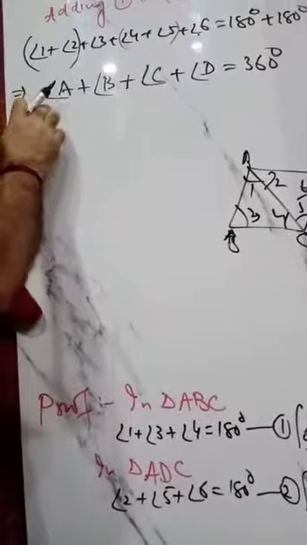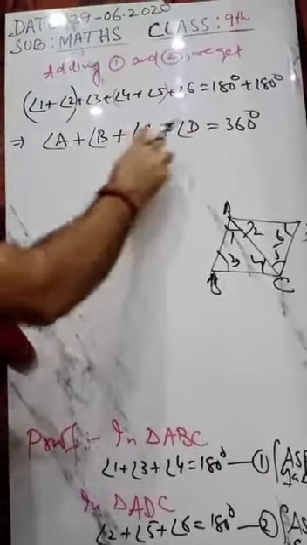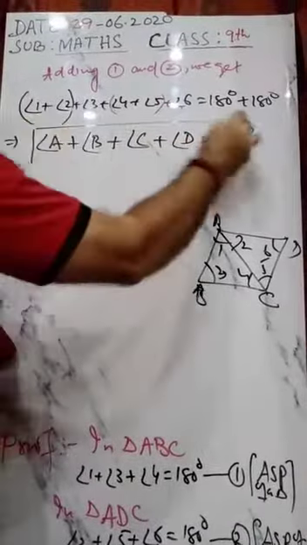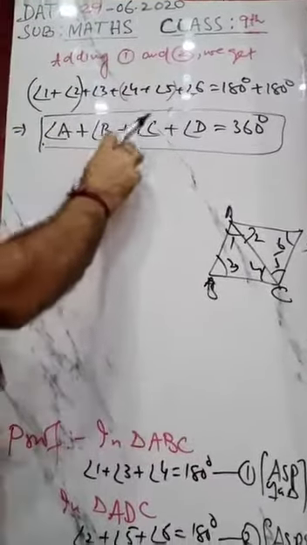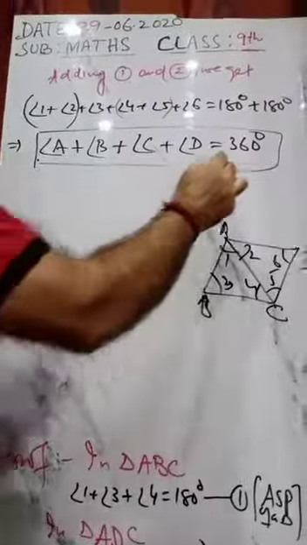That means the sum of the four angles of a quadrilateral is 360 degrees. Hence proved: the sum of the four angles of a quadrilateral is 360 degrees.